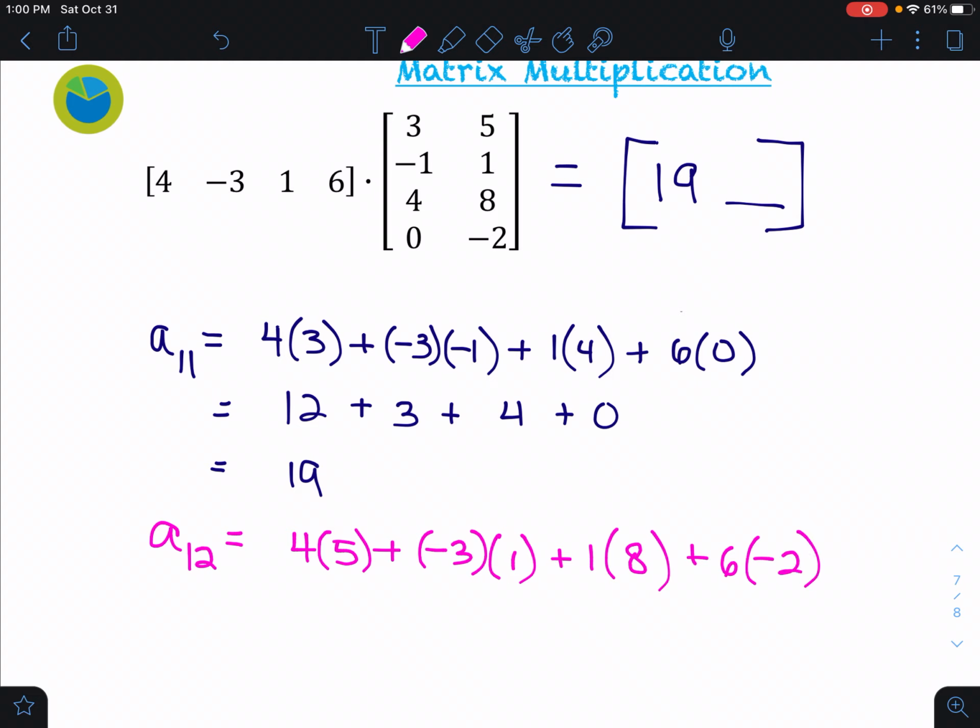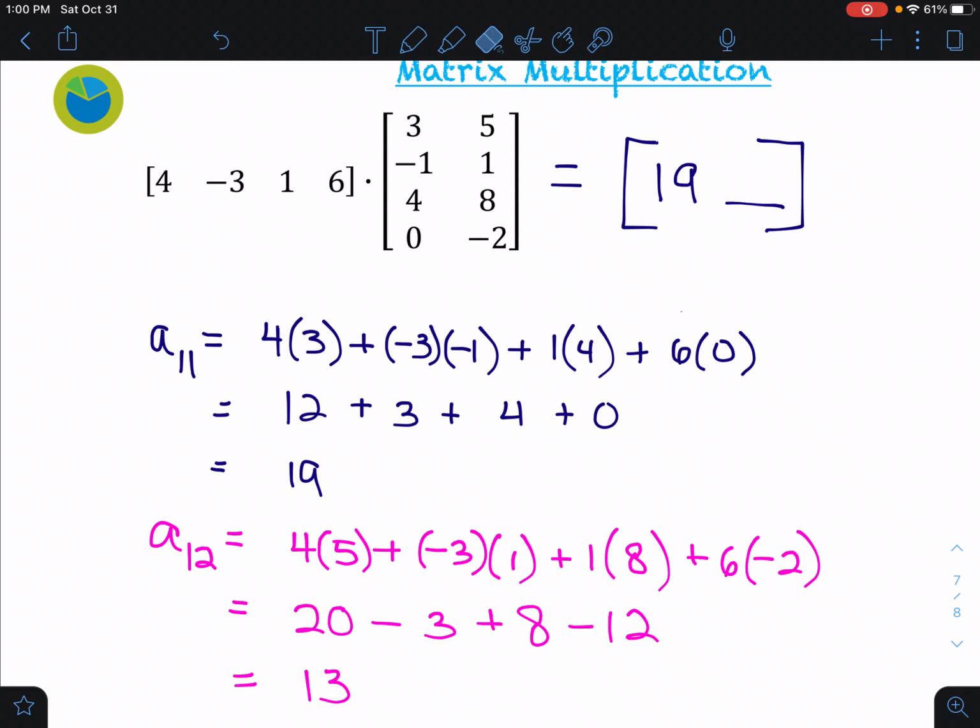Now, of course, you could just type that in just like that into your calculator if you'd like. However you want to do that, I'm going to simplify these. So let's see, we got 20 minus 3 is 17, plus 8 is 25, minus 12 is 13.